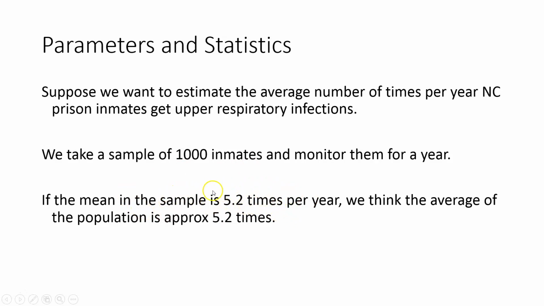This is based on the sample, so that would be a statistic. Therefore, our best guess for the population mean is going to be 5.2. We don't know the value in the population, but our best guess is 5.2.